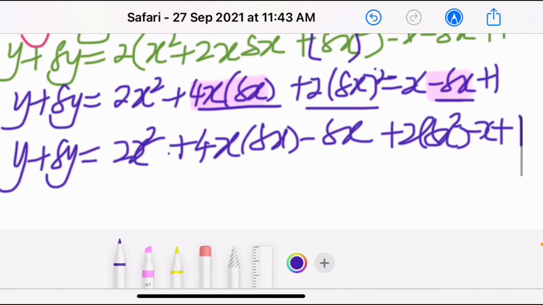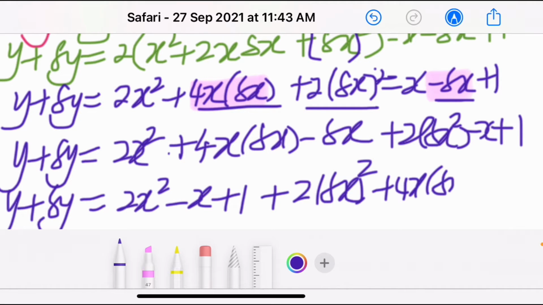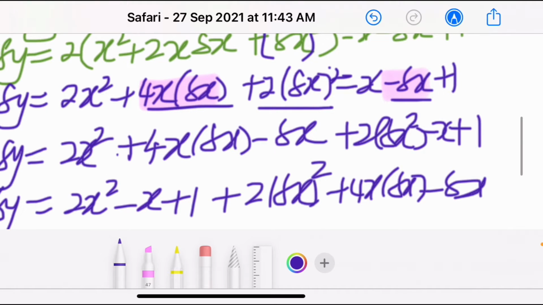If we rearrange nicely, we write 2x squared minus x plus 1, then plus 2 delta x squared plus 4x delta x minus delta x. Do it carefully so that we won't miss out any terms.